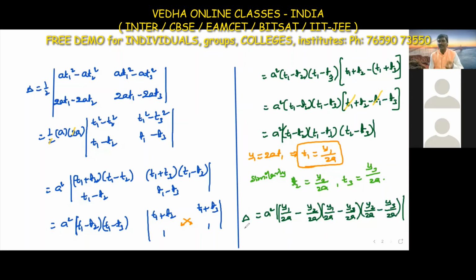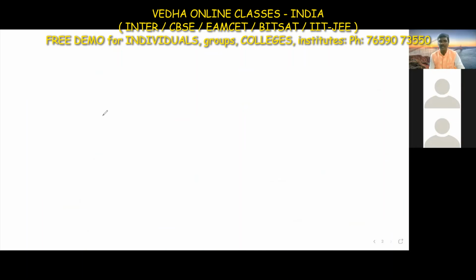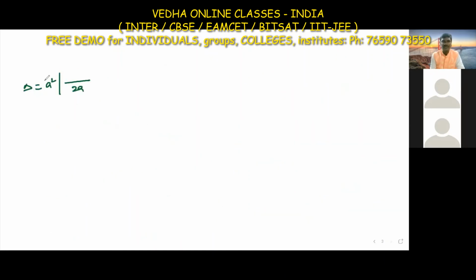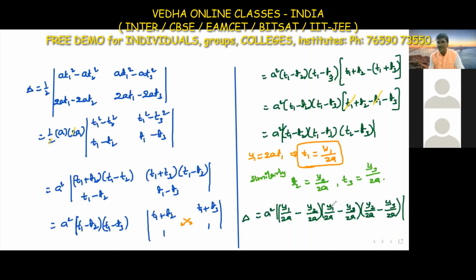Now in all the terms we can take 2a, 2a, 2a as LCM. So delta equals a square into, with 2a as LCM, we get y1 minus y2. In the second term also 2a is LCM and we get y1 minus y3. Observe carefully, y1 minus y3.